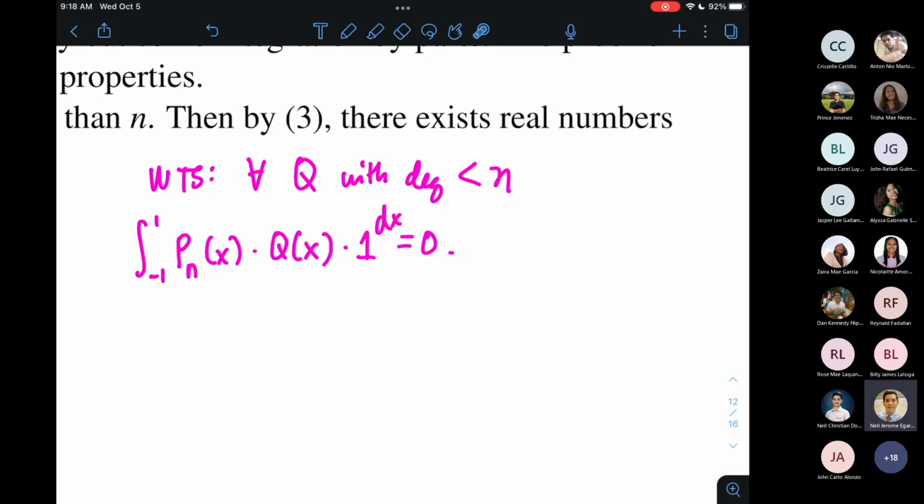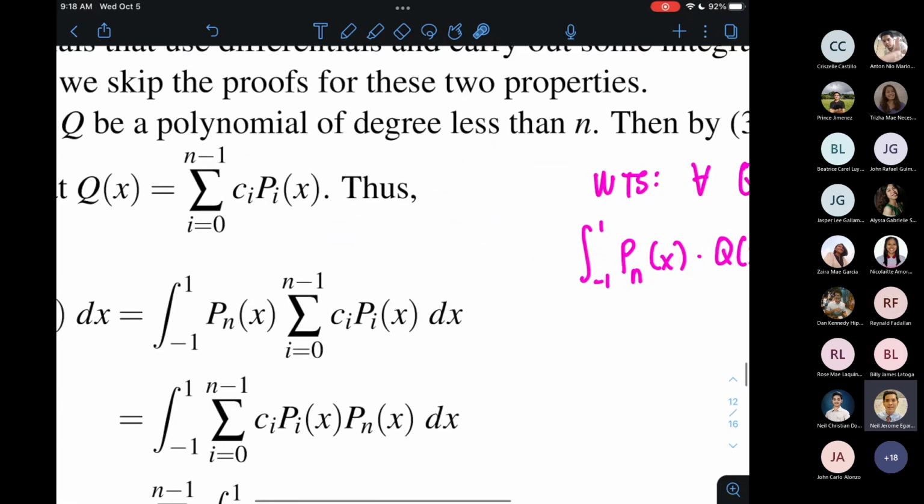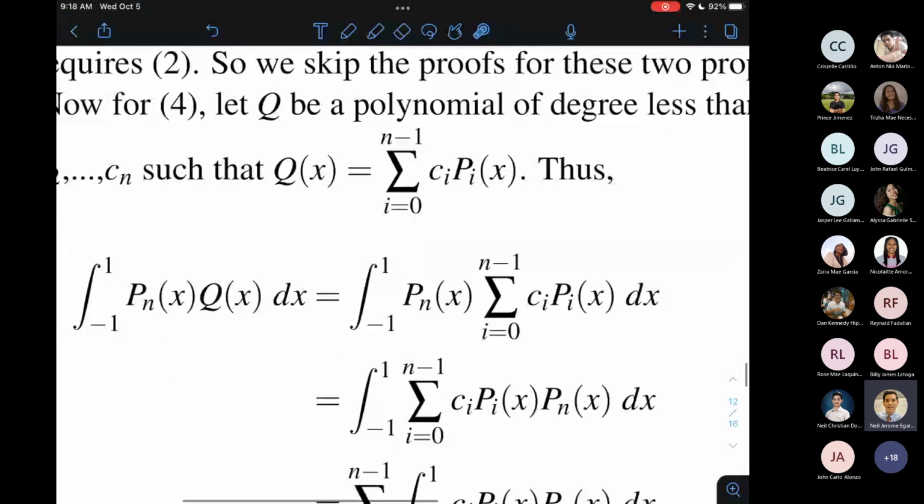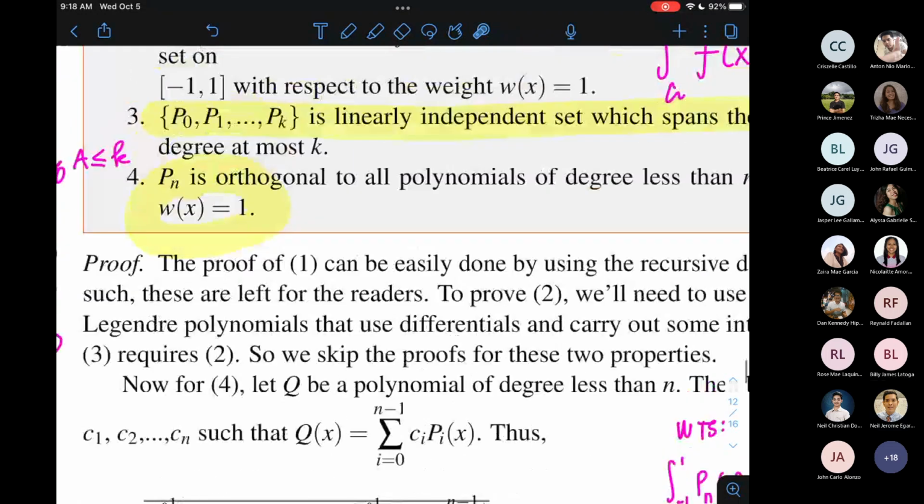Alright? And for this, we can prove this using just elementary properties of the integral. So let's look at the proof. Okay. We have a polynomial Q whose degree is less than n. So that means the degree of Q is at most n minus 1. By property number 3, because the Legendre polynomials span the space of all polynomials of a certain degree, and Q is degree at most n minus 1, that means Q can be written as a linear combination of the first n minus 1 Legendre polynomials.